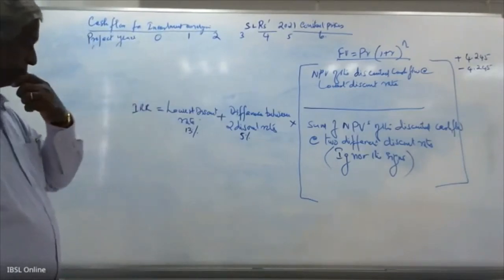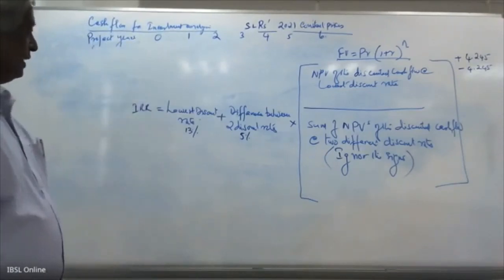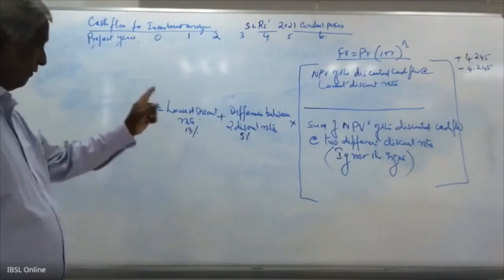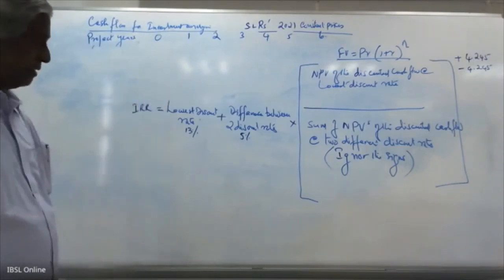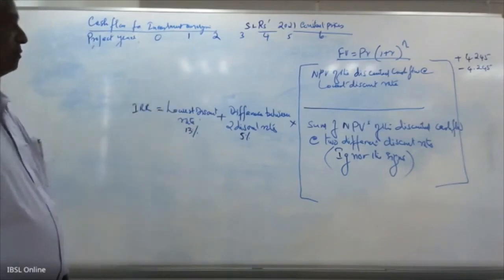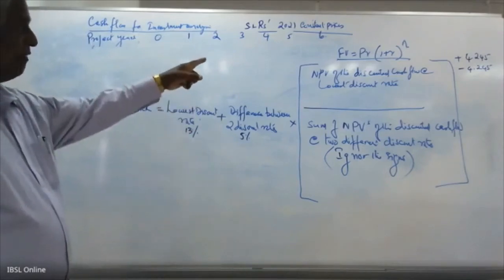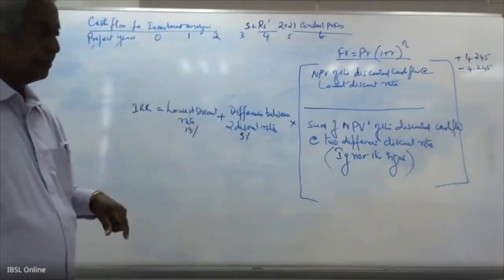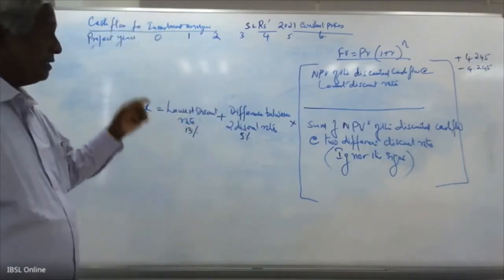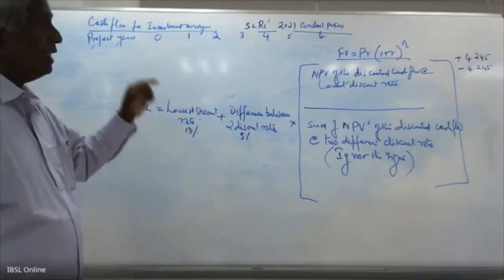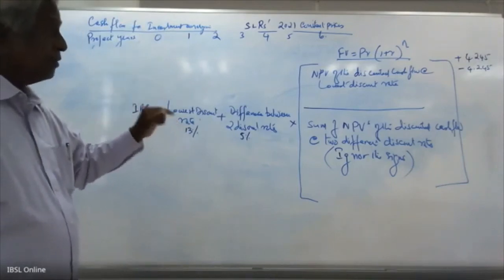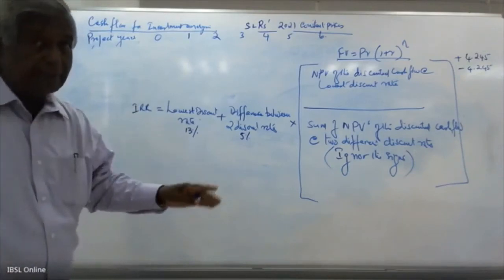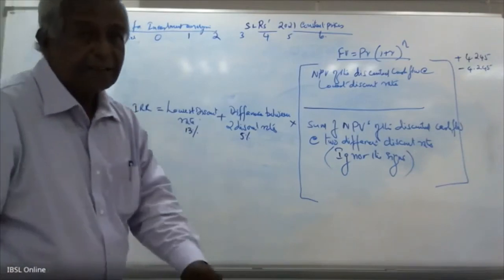IRR of a discounted cash flow is lowest discount rate plus difference between two discount rates into NPV of the discounted cash flow at lowest discount rate divided by sum of NPVs of the discounted cash flow at two different discount rates. Ignore the signs.